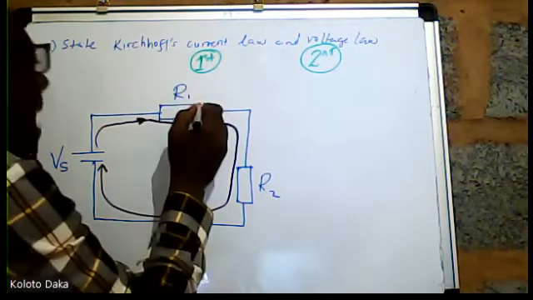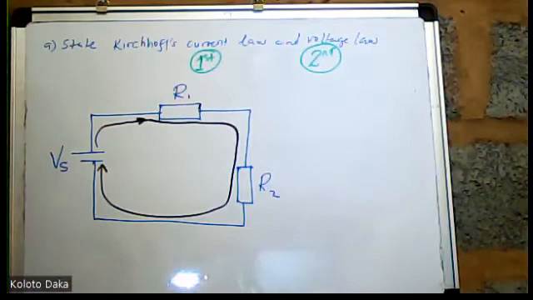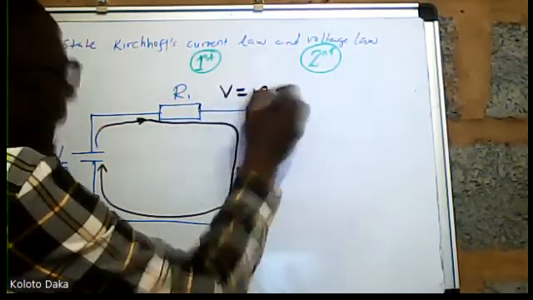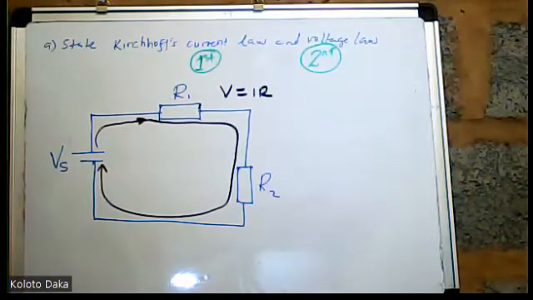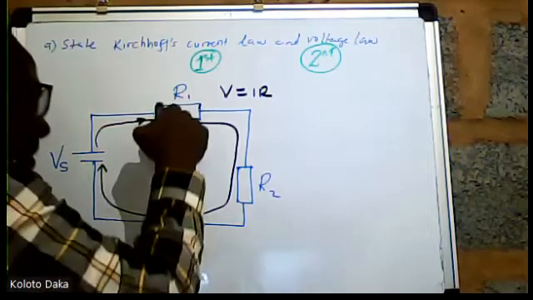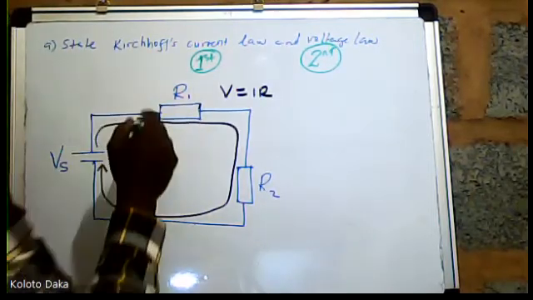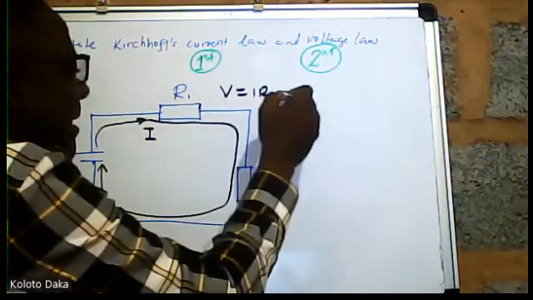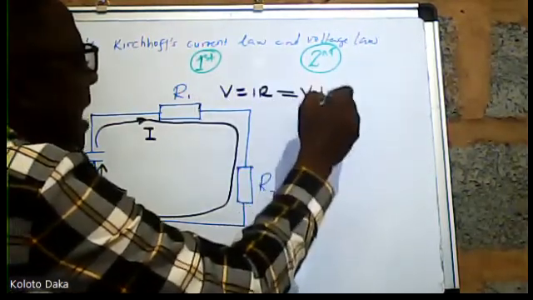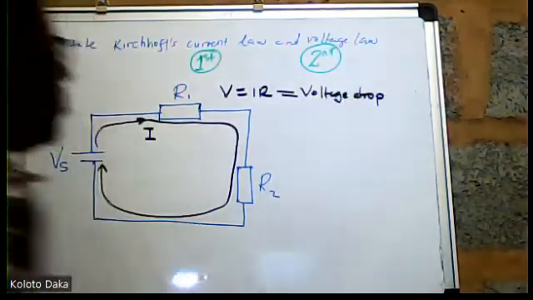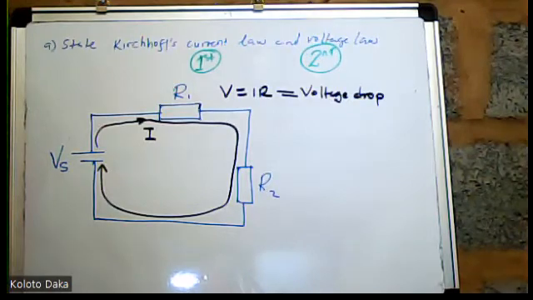Now, when current reaches a resistor, Ohm's law will apply. V is equal to IR. So, when this current I meets this resistor, we shall multiply I by R. And what we get here is what is known as a voltage drop. Okay?